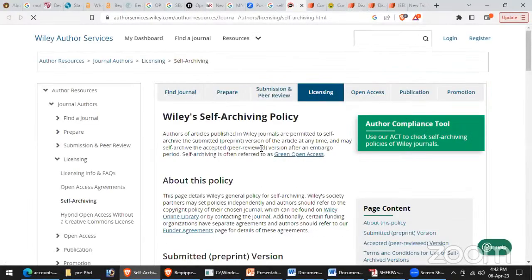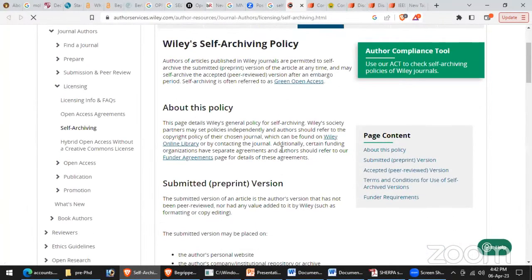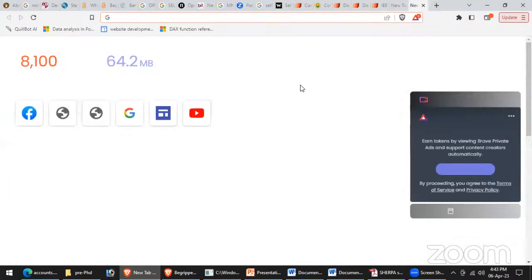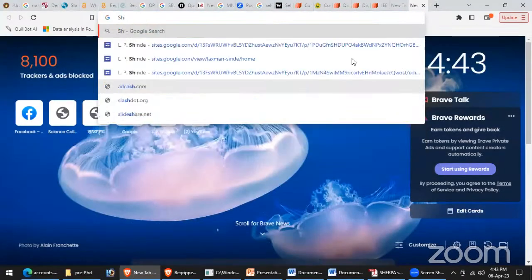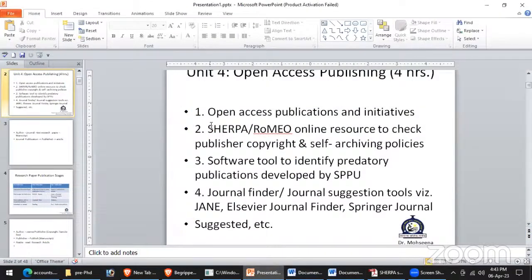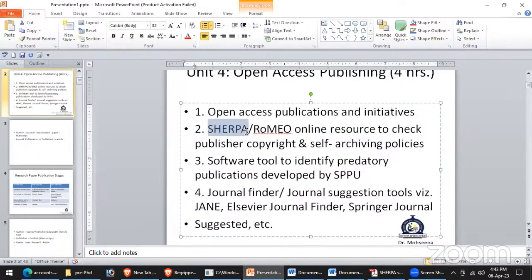Let me show you one more here. Few journals, all the journals, publication houses have different archive policies. So these are your archive policies. To know all the policies online, if you are publishing, you have almost all the policies available. So here you have to mention, first one is Sherpa. We'll go first with Sherpa.